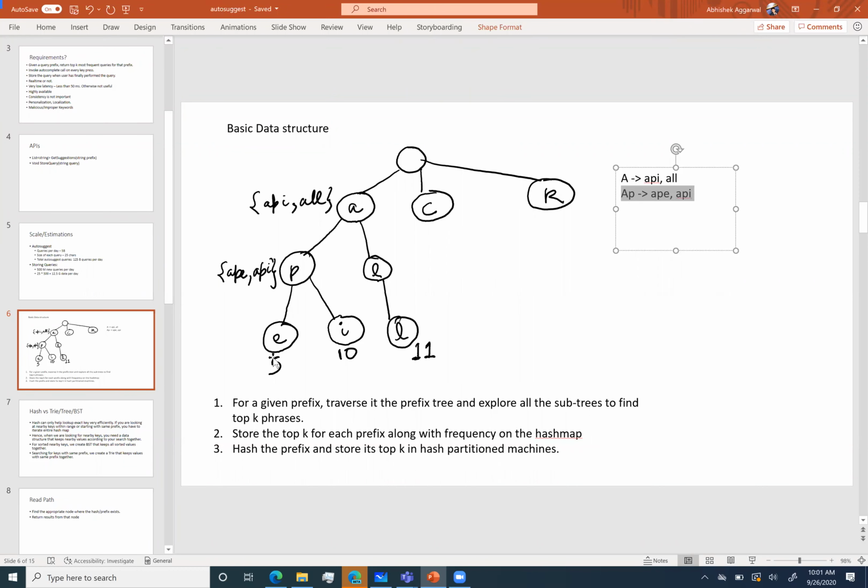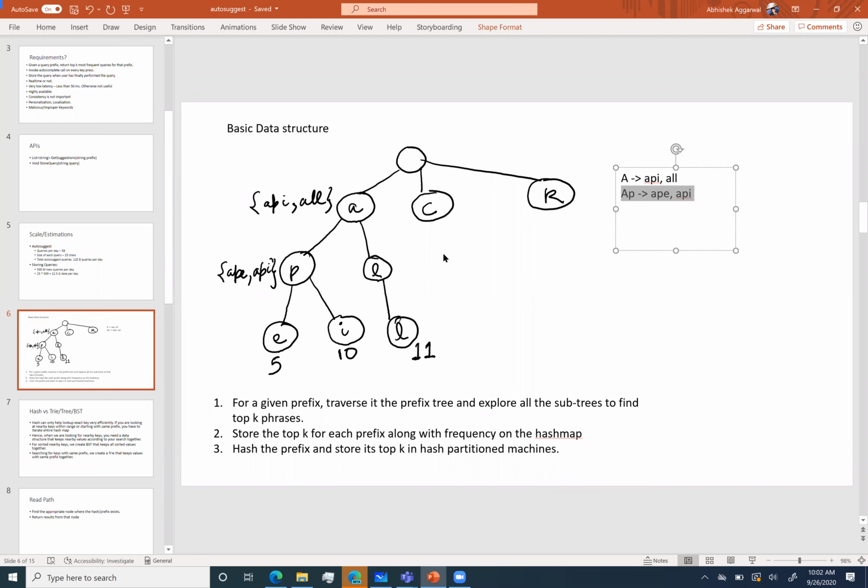So if I put something with very low frequency or weight, it won't be in the hash map, and then we'll go and search in the trie? Correct. For the write path, it will be there in the trie because its frequency can increase later, but it won't be updated in the hash map.